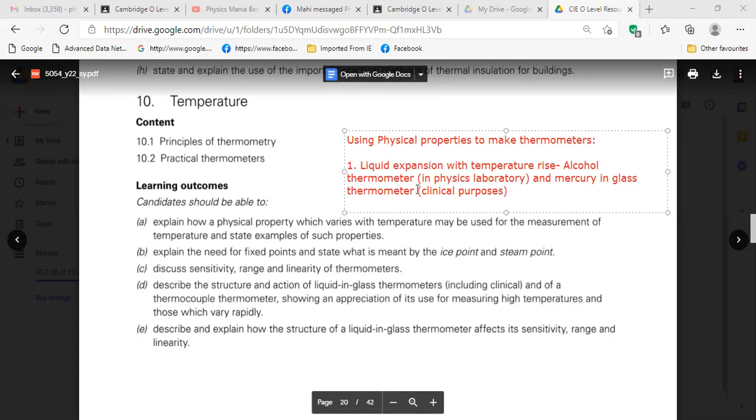Then number two, the second one. You write thermistor thermometer. First you write the property: the resistance varies with temperature.